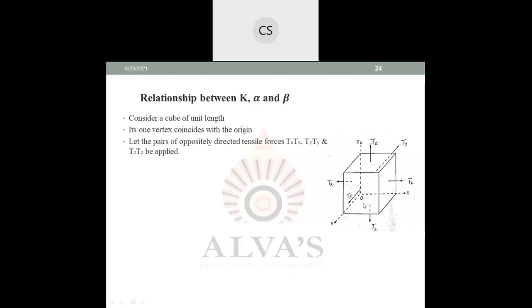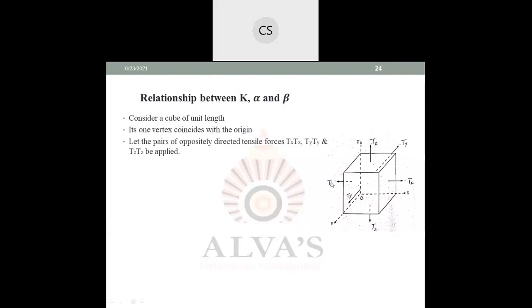Now let us assume a tensile force is acting on this cube. How exactly is it acting? Tensile force means two opposite forces are acting. So let us consider pairs of faces. The x direction face pair, let us say Tx, Tx.